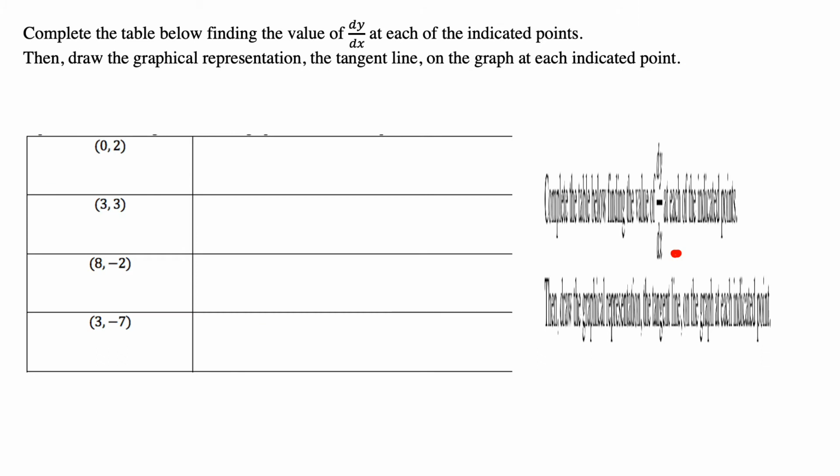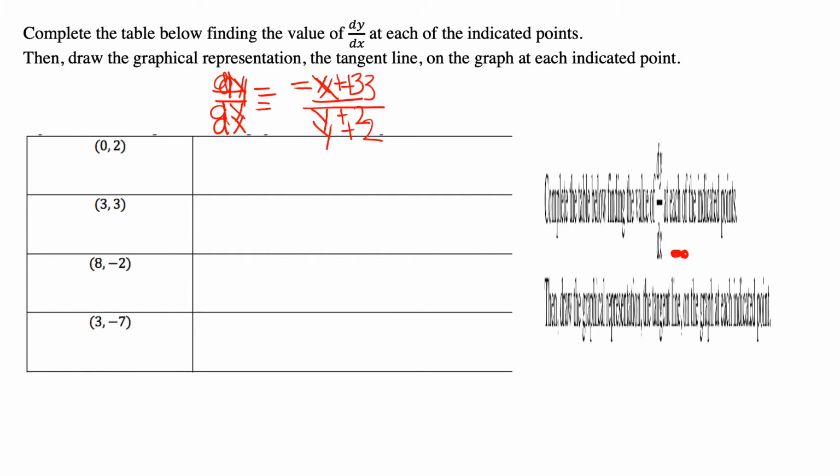So remember that the derivative gives us the slope of the tangent line at a given point. We're still using that same idea even when we are using implicit differentiation. So using what we found on the last slide, with that same circle shown here, we've solved for dy/dx as negative x plus 3 over y plus 2.